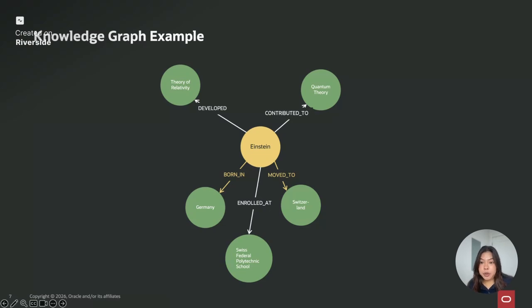This is our center node or our entity. Radiating out from him, you see other relationships, like he developed the theory of relativity, he contributed to quantum theory, he was born in Germany, he moved to Switzerland, and he enrolled in the Swiss Federal Polytechnic School, etc.